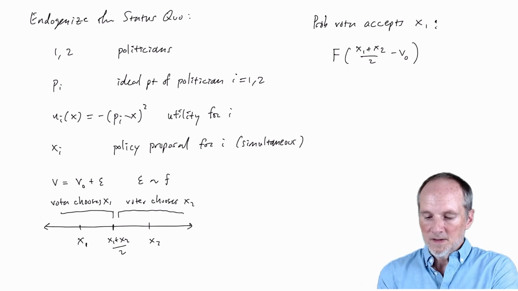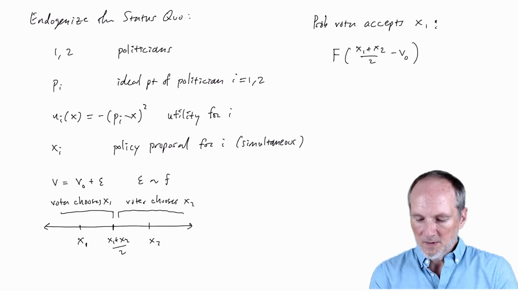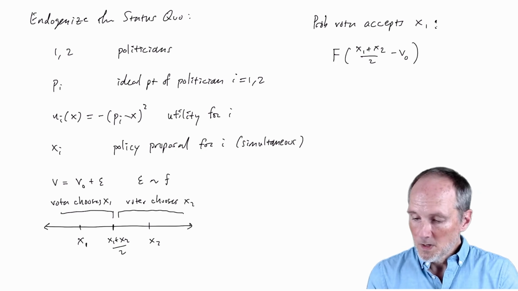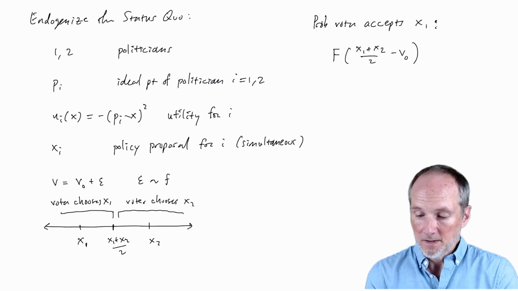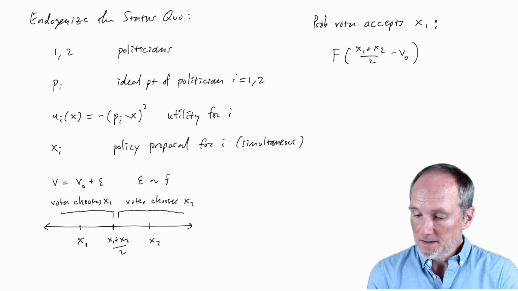Now here I'm assuming this ordering, x1 to the left of x2. But you can see that there's a lot of similar structure to the model that we just did.